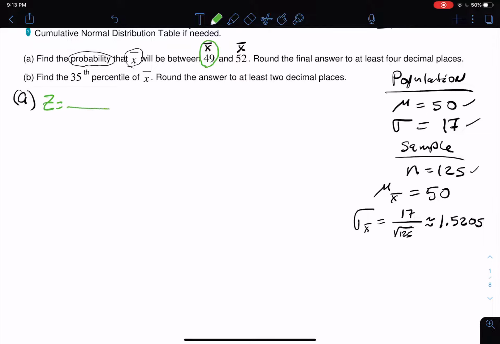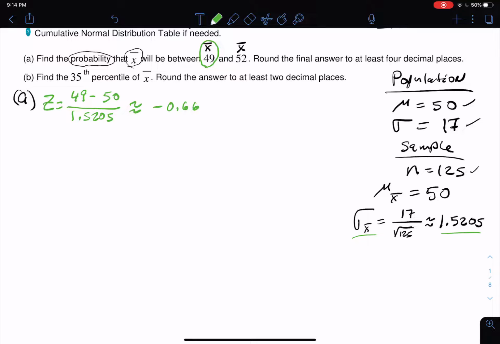So the formula for that is our sample mean, 49, minus the population mean of 50, divided by the standard deviation of the sample means, which is 1.5205. And when I subtract that and divide that, I get approximately negative 0.66.